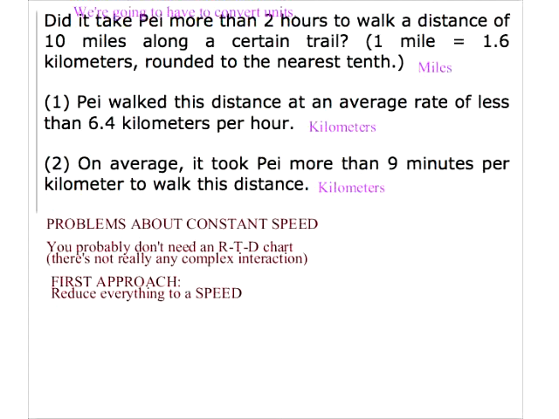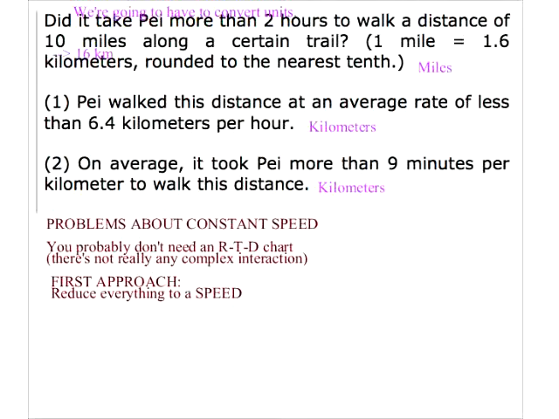If you went from kilometers to miles, you'd have to do it twice, for both of the statements. So 10 miles is 16 kilometers. It's just 10 times 1.6.